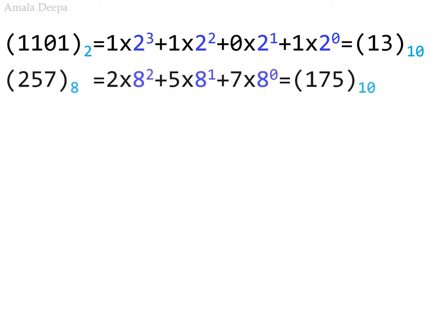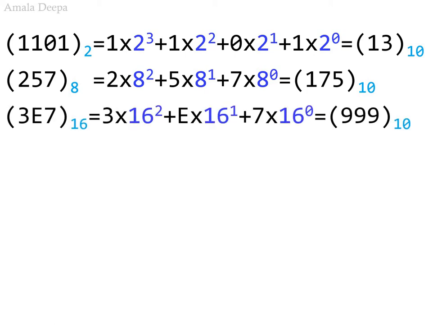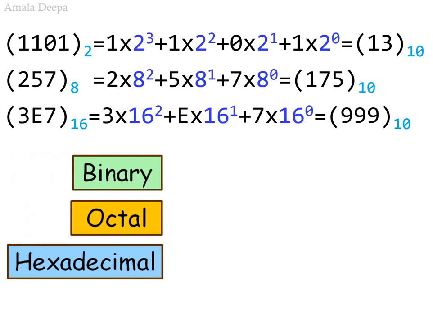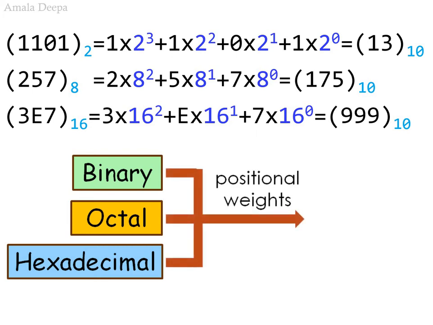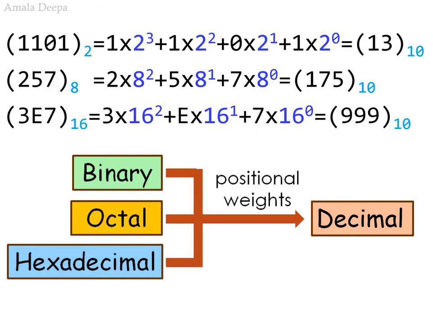Similarly, octal to decimal, you use powers of 8. Hexadecimal to decimal, you use positional weights as powers of 16. So to convert binary, octal, hexadecimal to decimal, you use the positional weights.